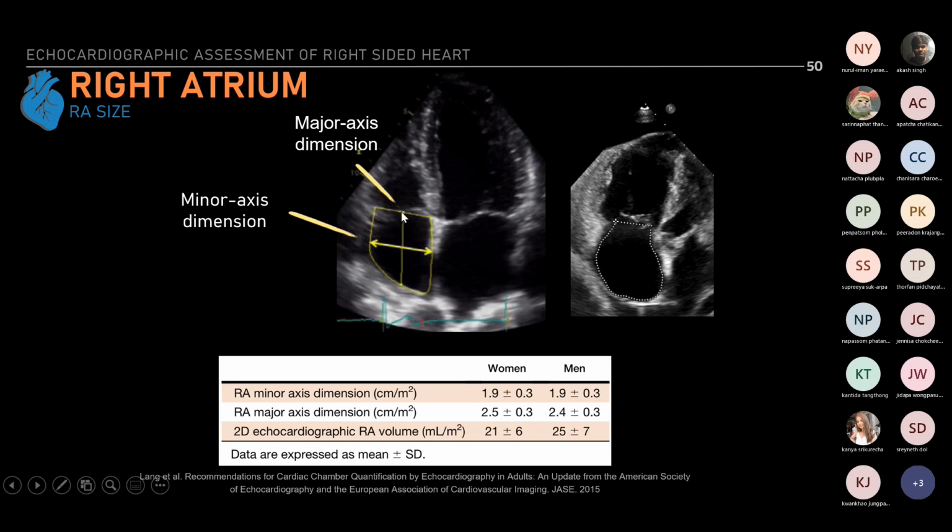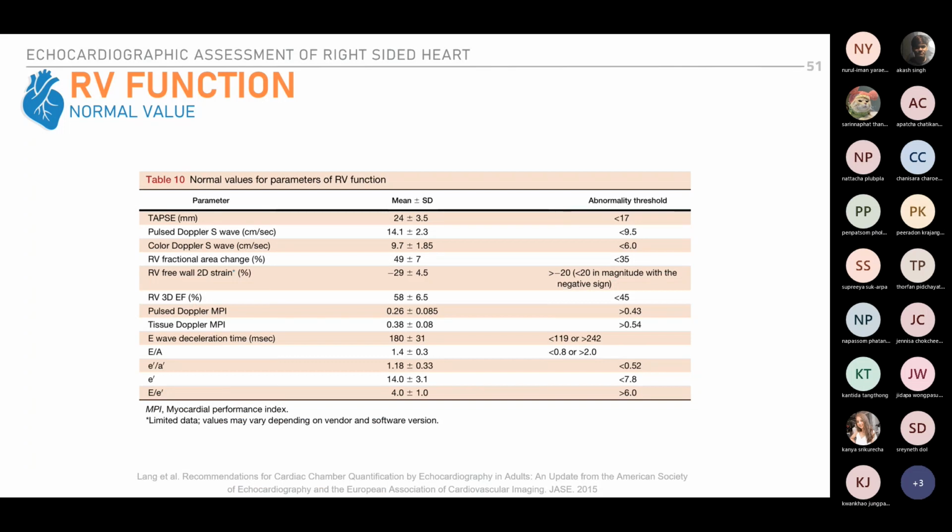The major axis of the right atrium is measured from the plane of the tricuspid valve to the posterior wall of the right atrium. And this is the normal length for RA size. And this is the normal value for RV function.